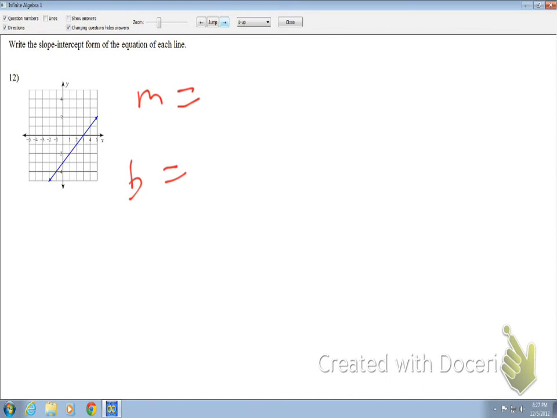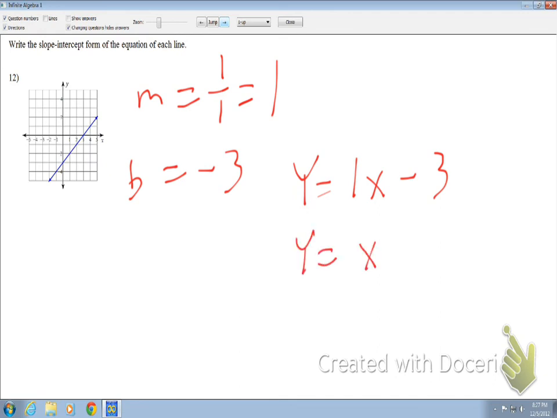I see my y-intercept is negative 3. And if I look closely, for my slope, I go up 1 and over 1. So my slope is a positive 1. So in this problem, y equals 1x minus 3, or just y equals x minus 3.